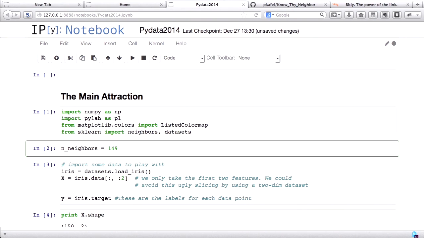When you say classes, are you talking about the feature set, the features?